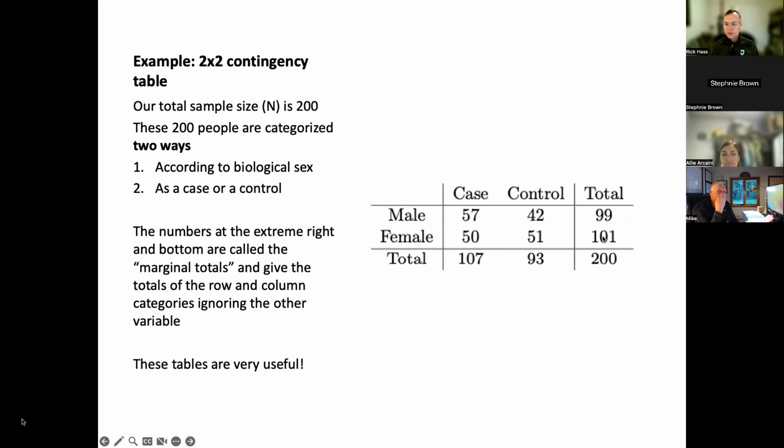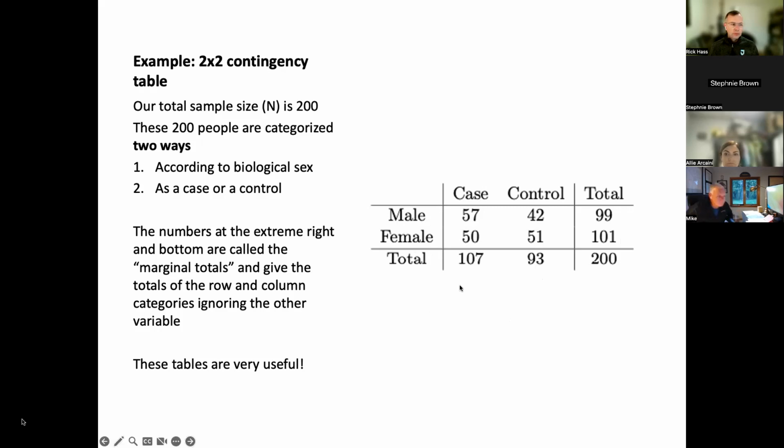Same thing here, females is 101. We can also do that with the columns, so ignoring gender and just looking at whether a kid had asthma or not. 107 children in our sample had asthma, 93 didn't.